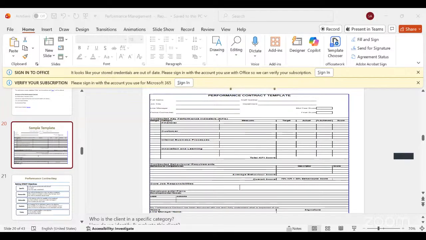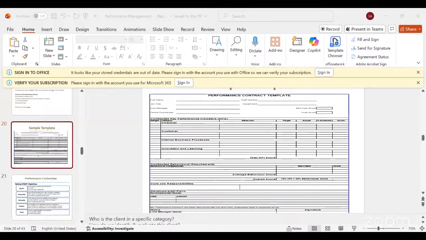Okay, then on the balanced scorecard, the core job responsibilities of the employee will be indicated there, just to guide the manager to set goals that are within the remit of the employee's duties. Then we have developmental plans. Okay, so the development needs of the employee: improve data reporting and analysis skills.